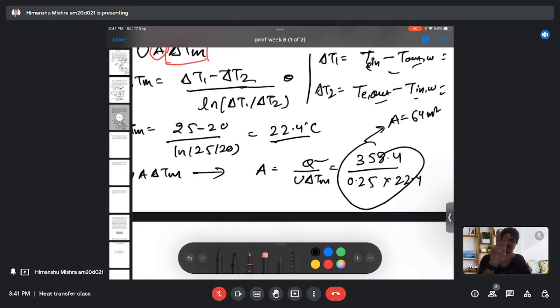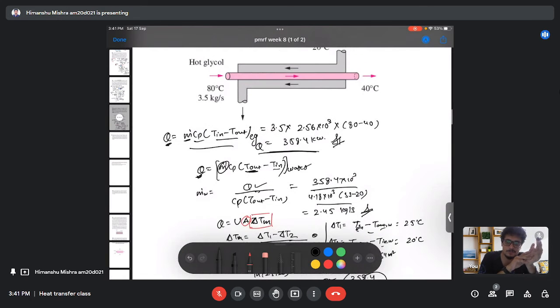So in both question number 2 and question number 3, we first found the heat transfer rate based on the inlet and outlet temperature of one of the fluids. We were given the inlet and outlet temperature of the normal water in the previous case, so we used that expression. Here in this question, we use the inlet and outlet temperature of the ethylene glycol because we are given all the properties of the ethylene glycol.